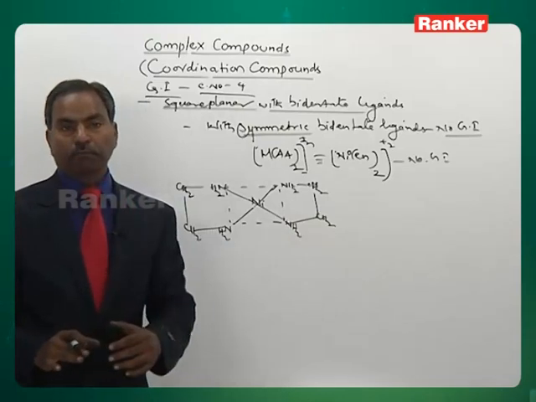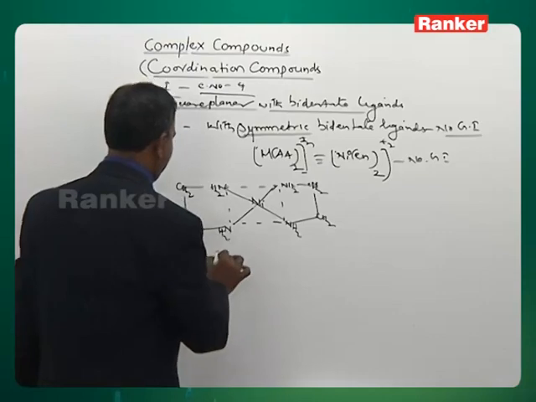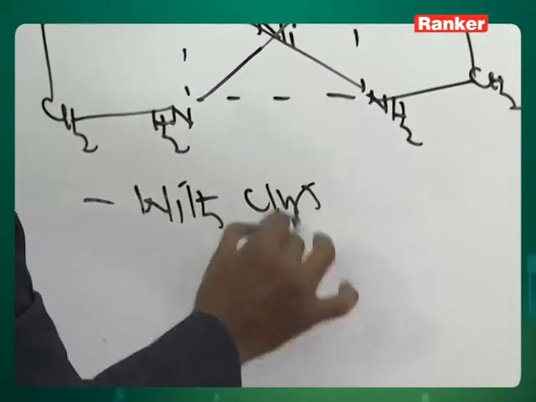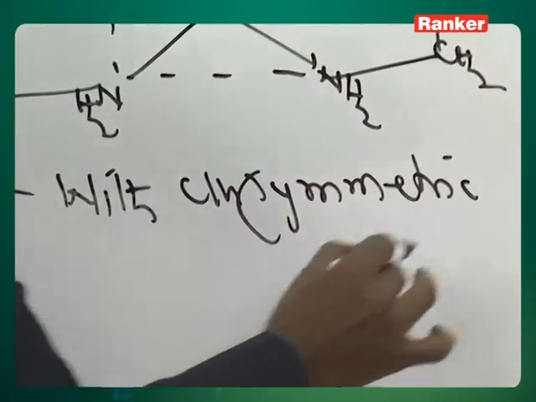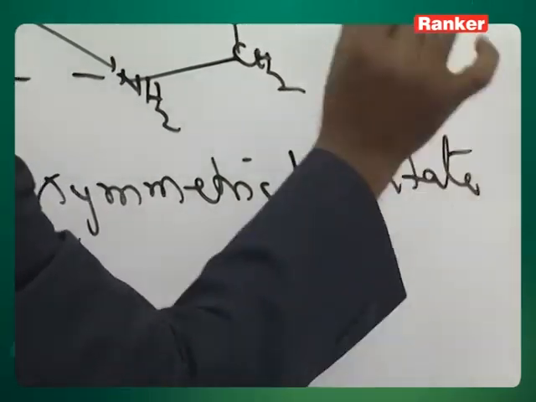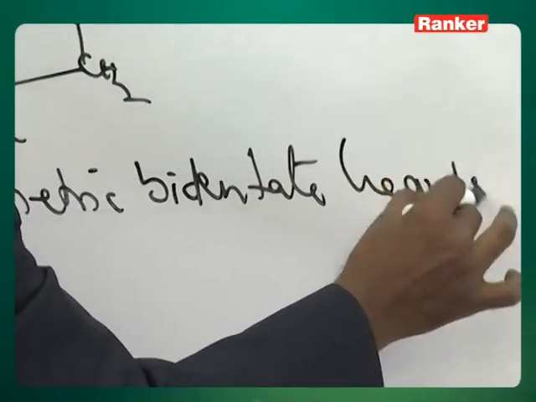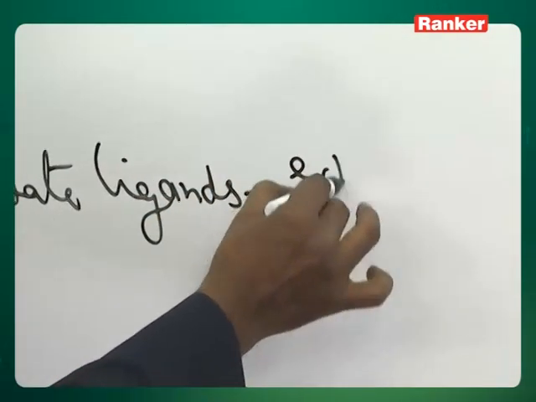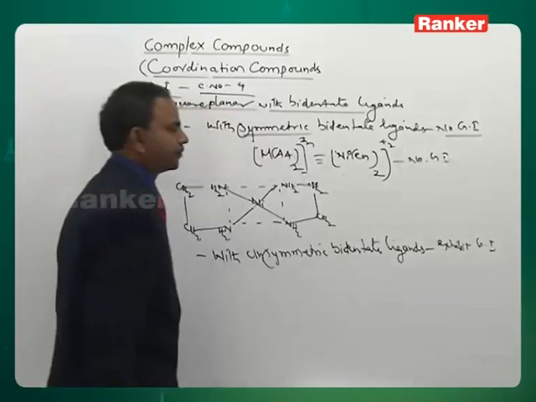Which one will exhibit it? A square planar complex with unsymmetric bidentate ligands exhibits geometrical isomerism.